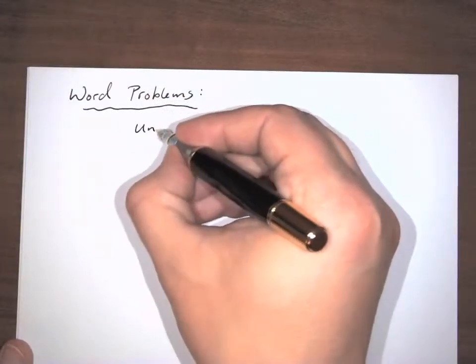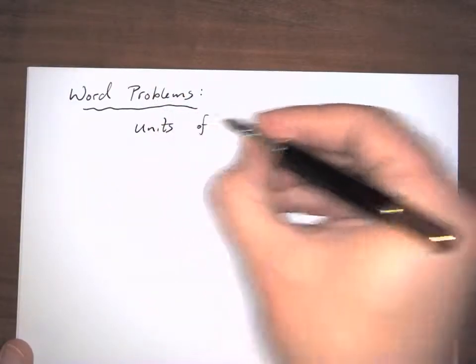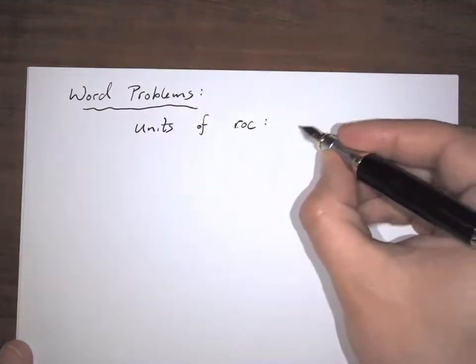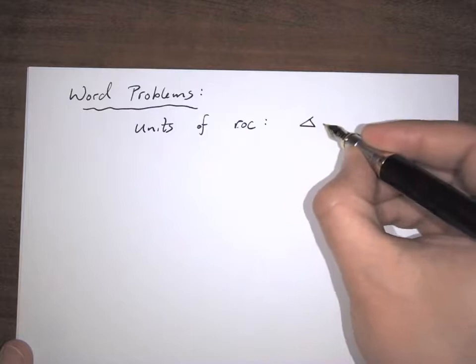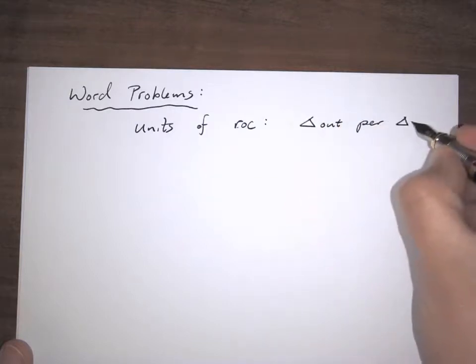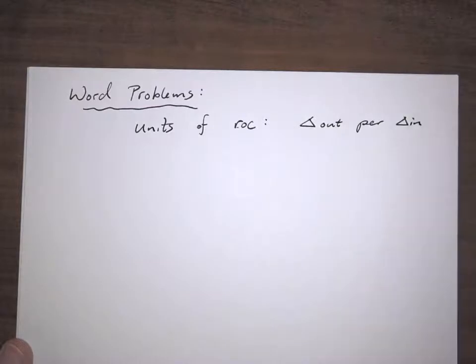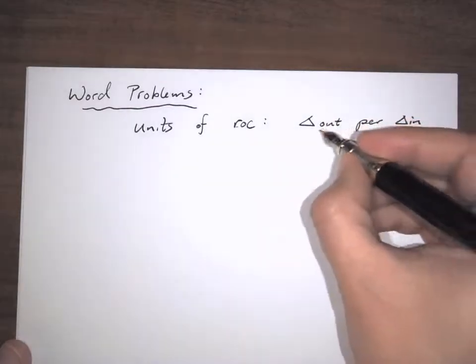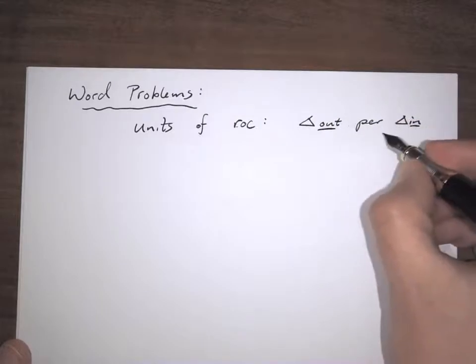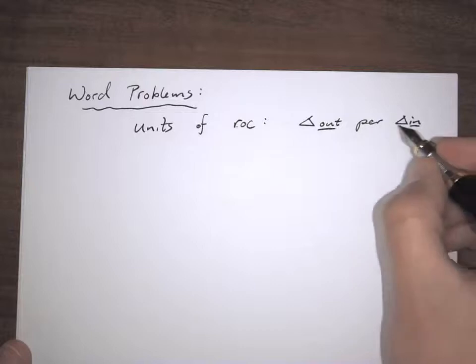So, the units of the rate of change are always going to be change in the output per change in the input. So what we are always going to have is a change in the output and a change in the input, and it's going to be a per because it's a rate, and it's going to be out per in.